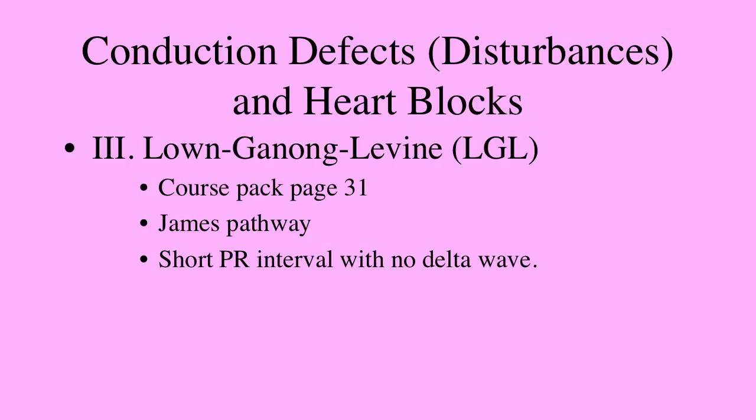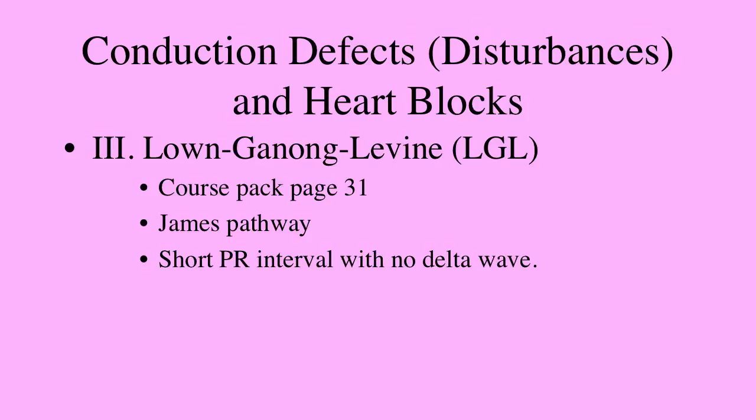LGL is similar to WPW in that there's a pathway that goes around the AV node, so you have a short PR interval. But in the case of LGL, this pathway conducts right into the conduction system. There's a connection. It's called the James pathway. Because of that direct connection, there is no delta wave.